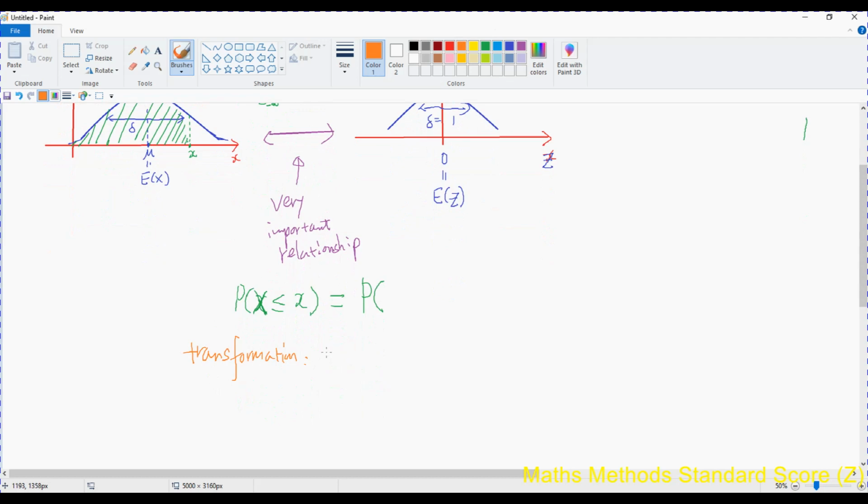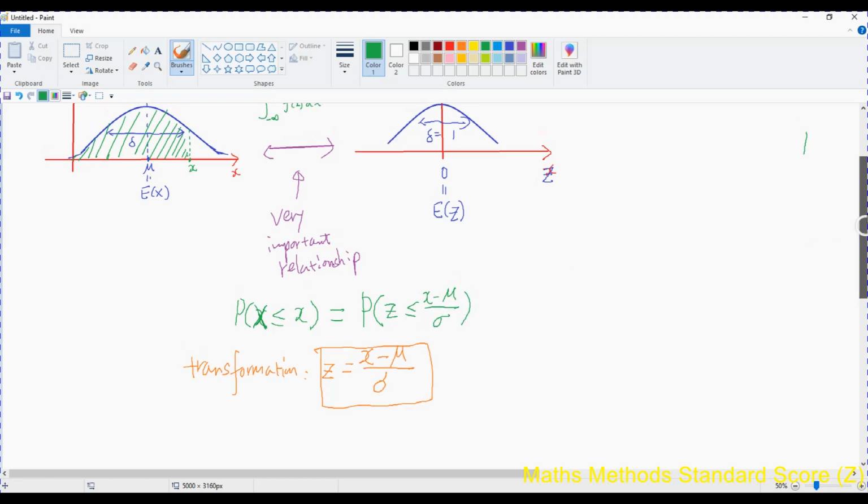The transformation is you make z equal to x minus its mean, over its standard deviation, sigma. All right, so that's the transformation. Once you've done that transformation, you can find the probability by using the transformation equals this one.